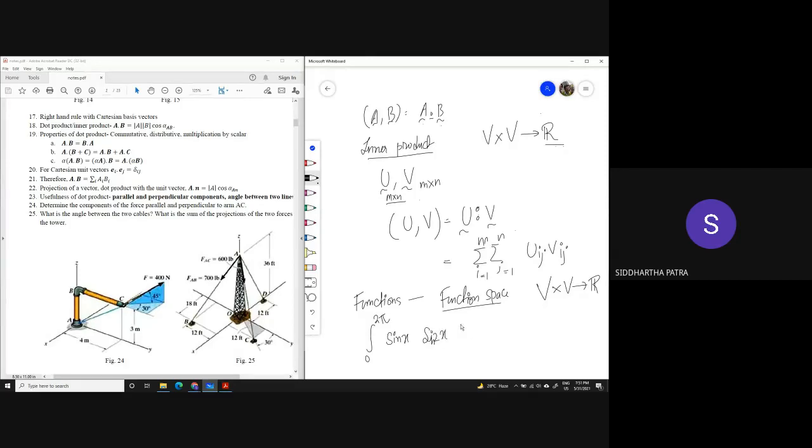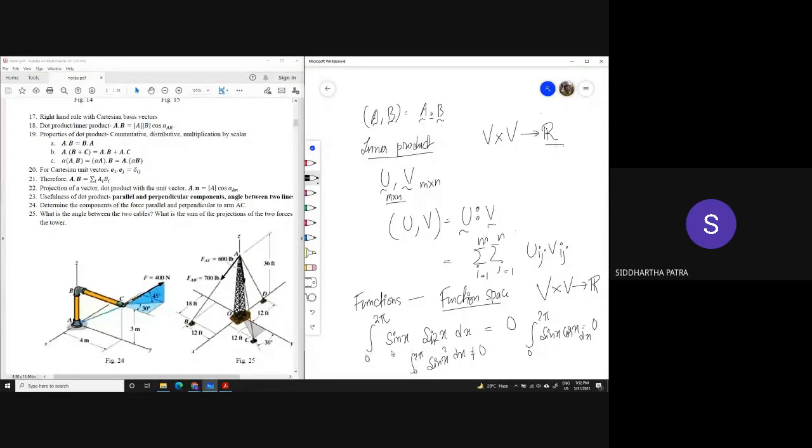If you have already had a course on Fourier series, then you know this integration leads to 0, whereas this integration also leads to 0, and this integration is non-zero.